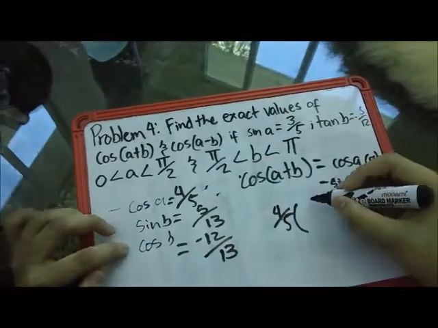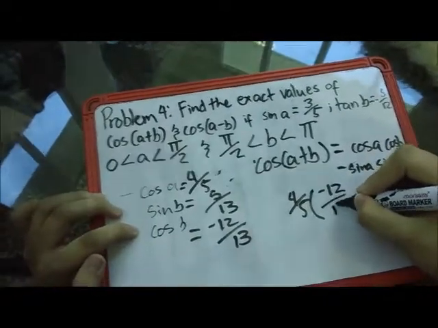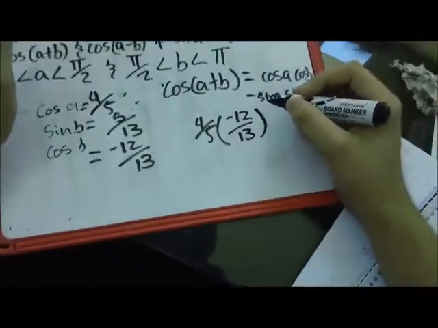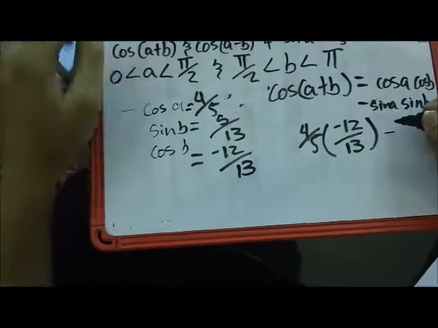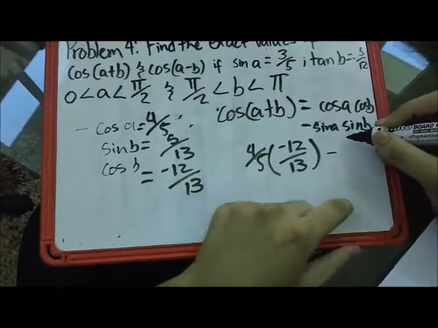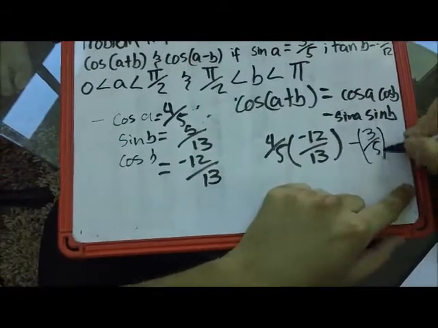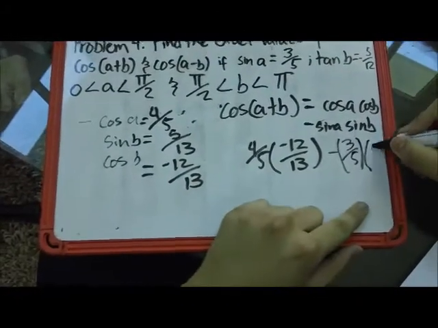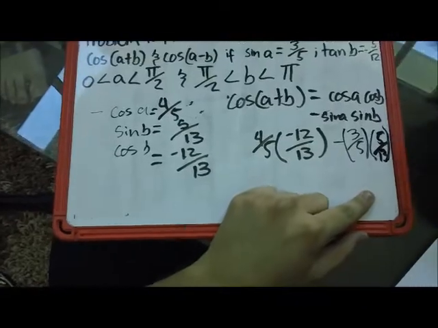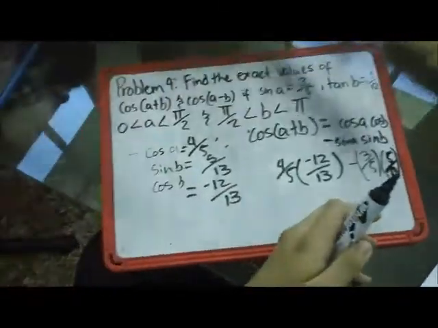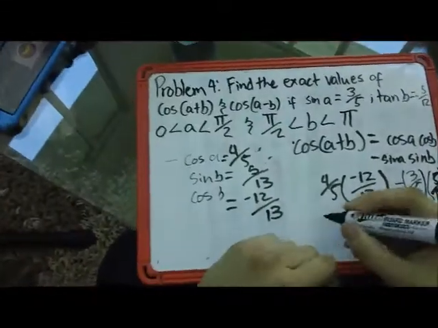So 4 over 5 times negative 12 over 13 minus 3 over 5 multiplied by 5 over 13. Okay.